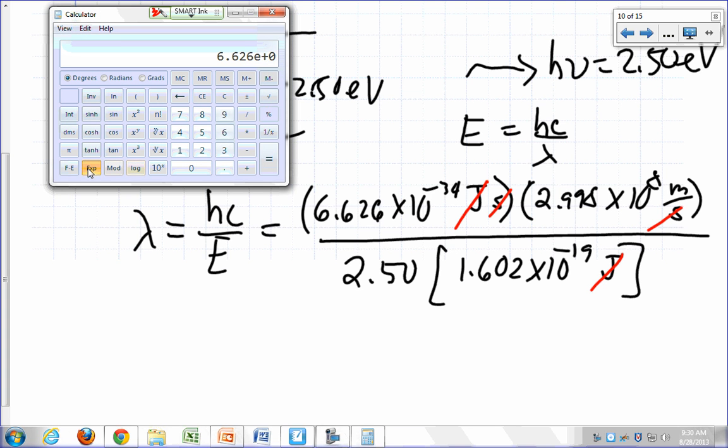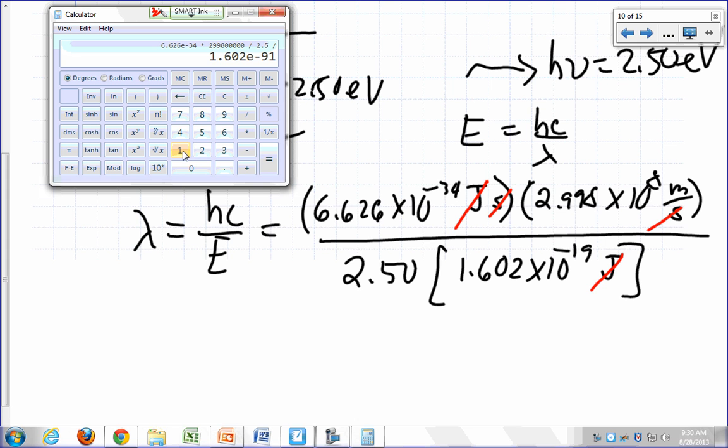6.626 times 10 to the negative 34 times 2.998 times 10 to the 8th divided by 2.5 divided by 1.602 times 10 to the negative 19. Oops.